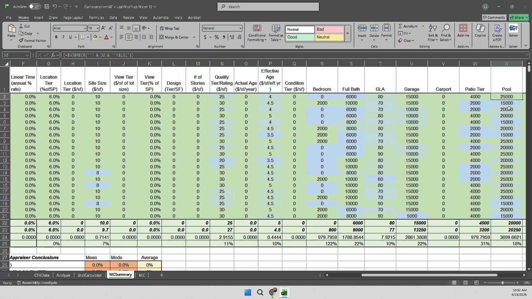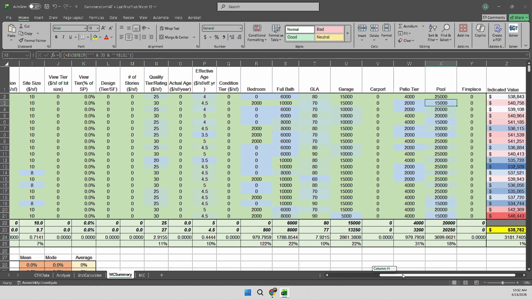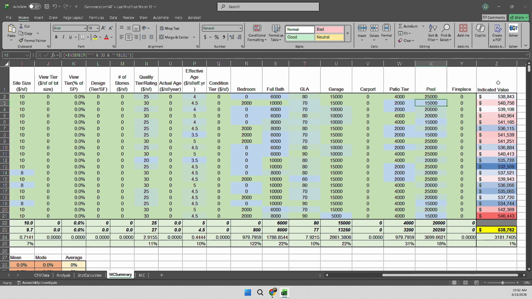So we can see that those all are important. So even when it comes to the pool adjustment, well, there's a big difference between the first adjustment set and the second adjustment set in terms of that pool adjustment. But now let's look at values. So all of these are reconciled with a statistical z-score weighting reconciliation method, and you can see that even though all those adjustments were quite different, the region of where the value is very similar.